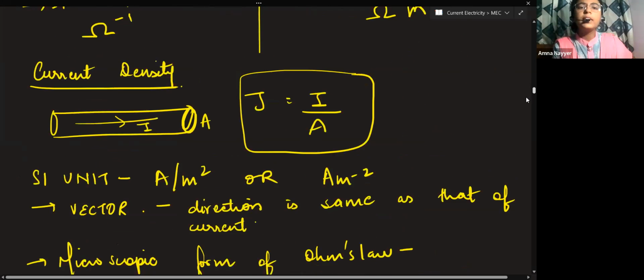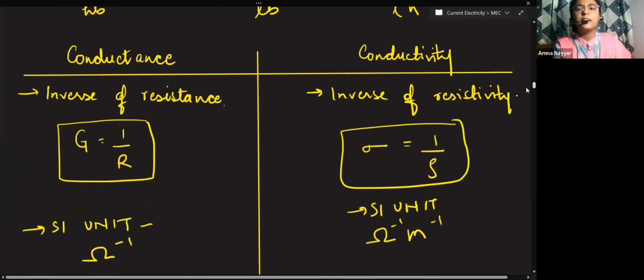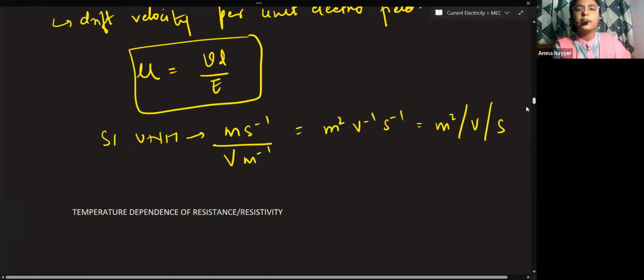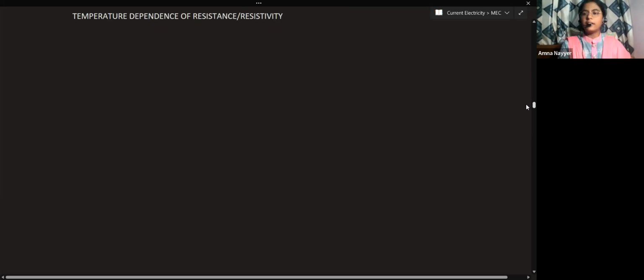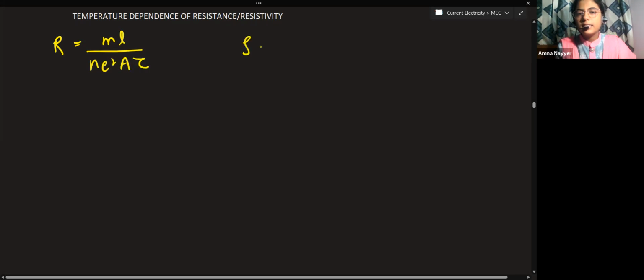Let's start. A few topics also we had seen: conductance, conductivity, mobility, and current density. Now, temperature dependence of resistance and resistivity. Now why did I write it together? The reason is that the formula of resistance is ml divided by Ne square A tau. Resistivity is what?